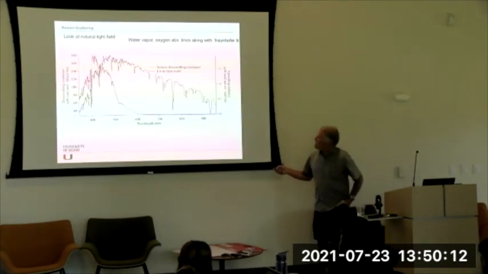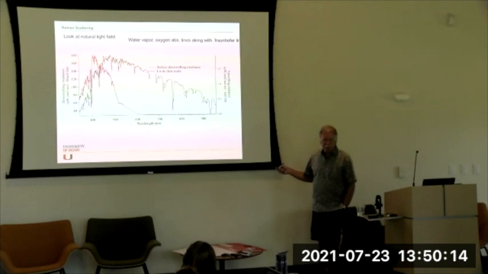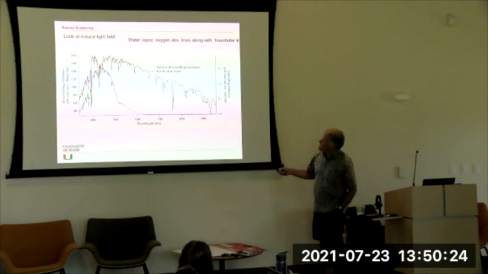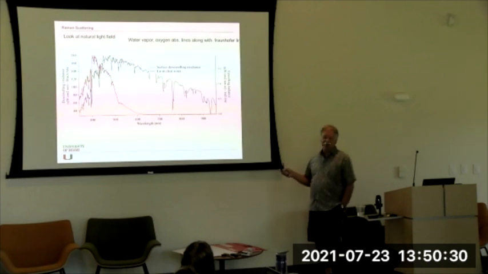You've got all these really nice sharp lines, okay? Raman scattering is a broadband effect, and so if light is inelastically scattered from over here into there in a broadband, it's going to affect the shape of these lines over here.